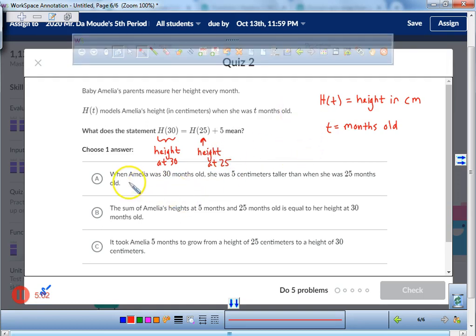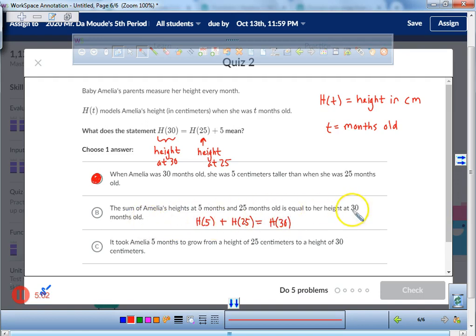All right, so it says when Amelia was 30 months old, she was 5 centimeters taller than when she was 25 months old. That seems like a pretty good statement. I'm gonna select that right now and then read through the other ones, okay? The sum of Amelia's heights at 5 months and 25 months is equal to, actually, this one would be h of 5 plus h of 25 would equal h of 30.